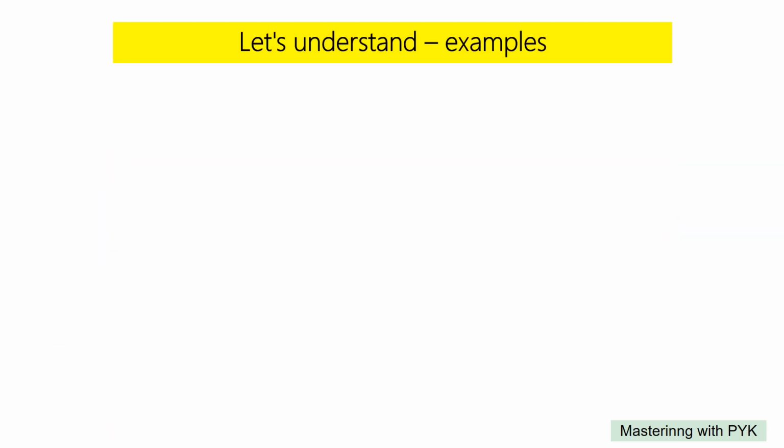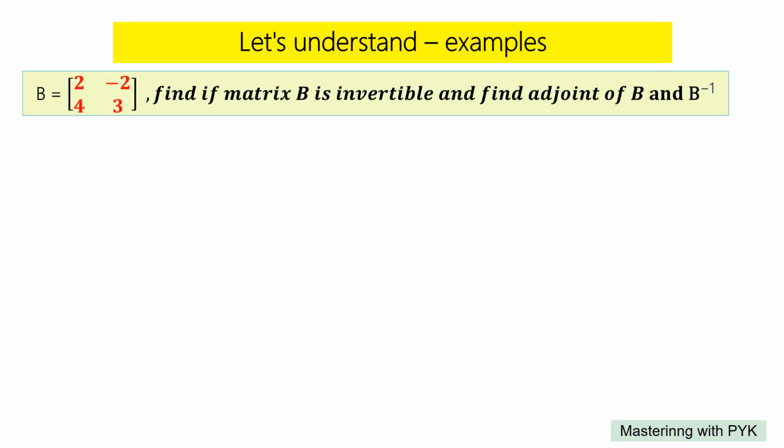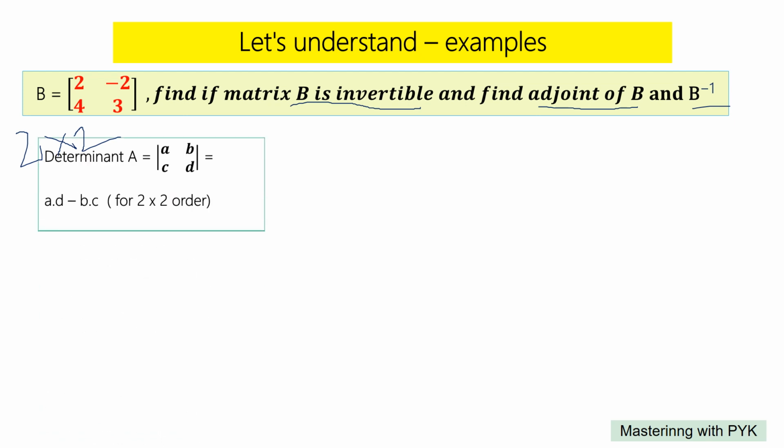Let's understand a few more examples. We have a matrix given by 2, minus 2, 4 and 3. So the matrix order is 2 cross 2, right? We have to find if the matrix B is invertible, and also find the adjoint of B and B inverse. So we know how to find the determinant. We cross multiply and get a scalar value.